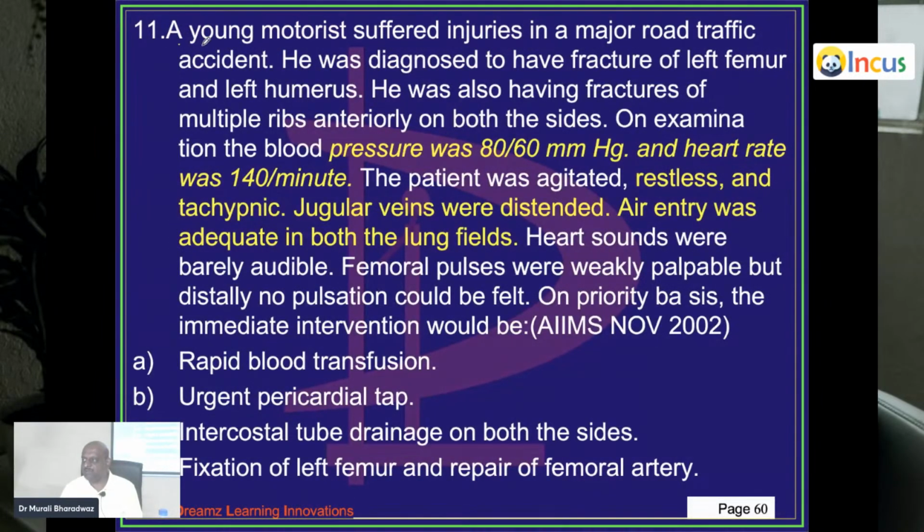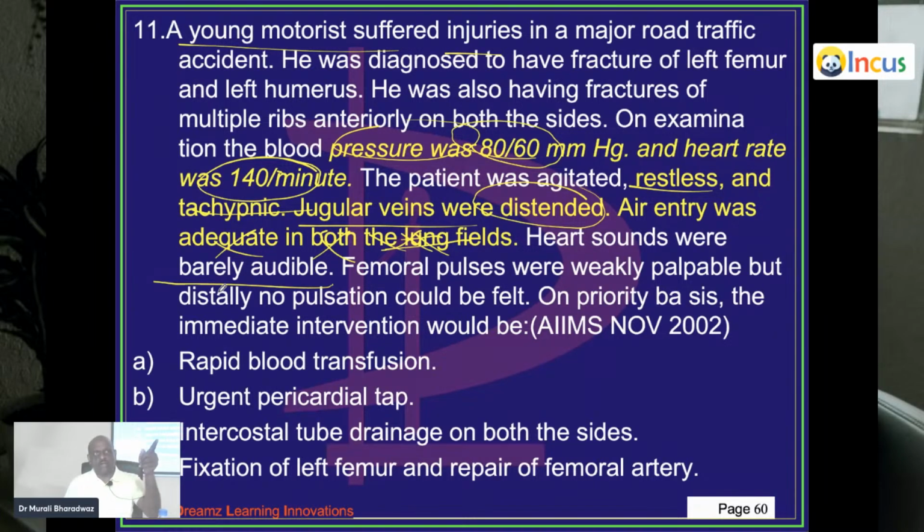A young motorist suffered injuries. Blood pressure was 80/60. Heart rate was 140. He is restless, tachypneic, jugular veins are distended. Air entry is adequate in both lung fields. Heart sounds are barely audible. Lung sounds are audible, which means it is not pneumothorax.